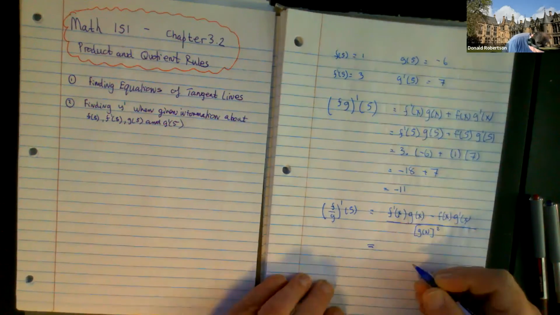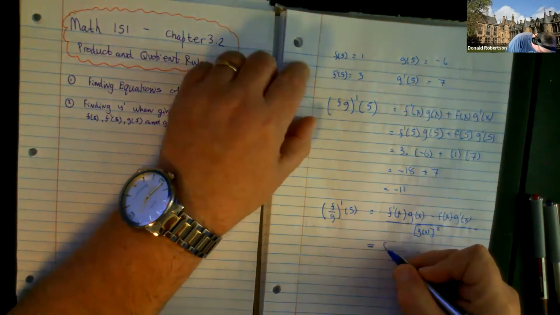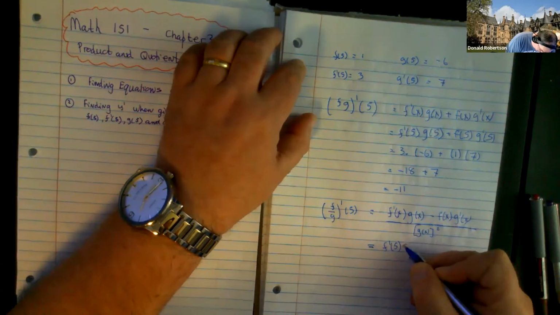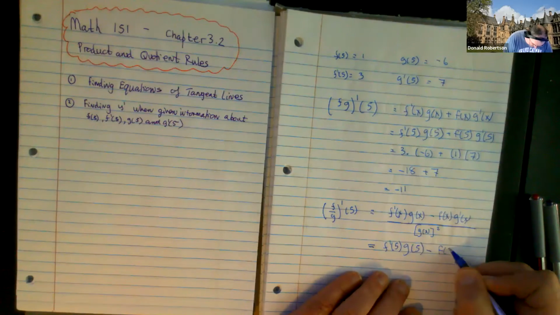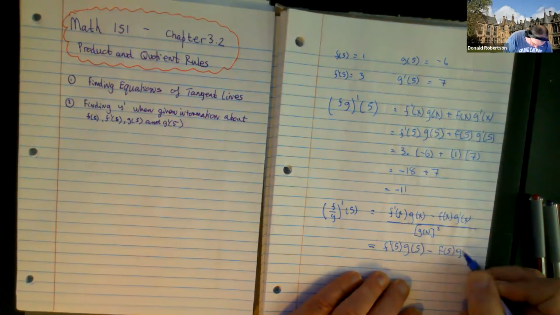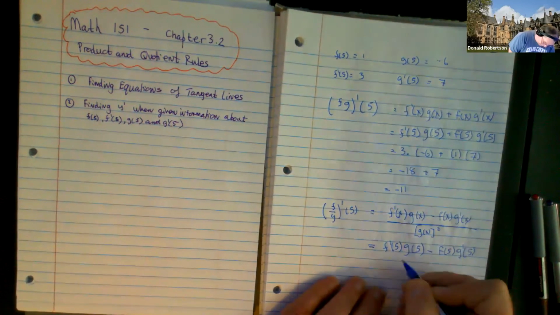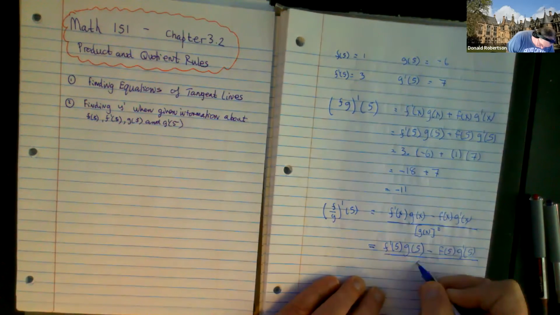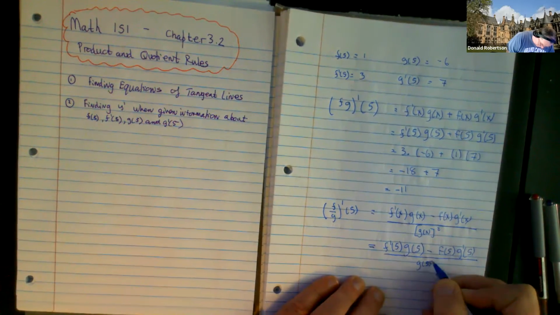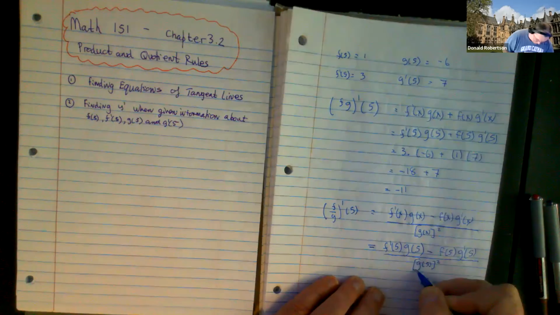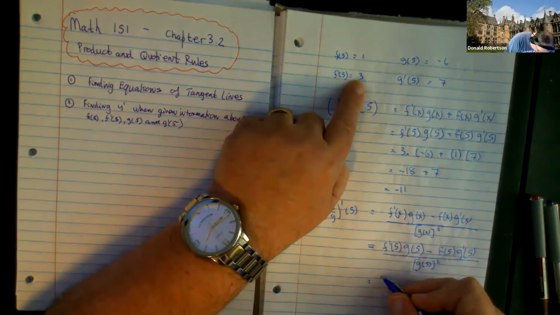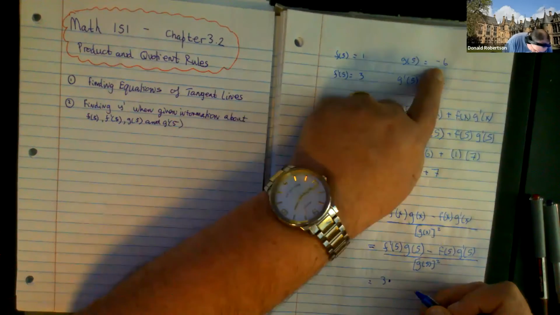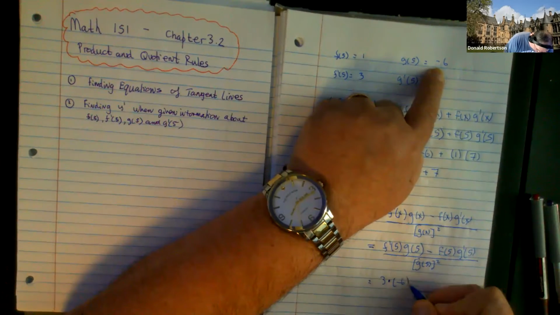And f dashed, well, I guess I should put in all the numbers now. F dashed of 5 times g of 5, minus f of 5 times g dashed of 5, all over g of 5 squared. Okay, now I'll put in the numbers. The derivative at 5 is 3 multiplied by g of 5, which is -6.